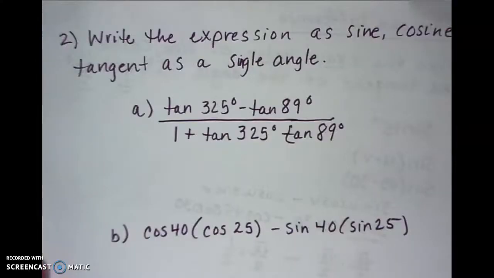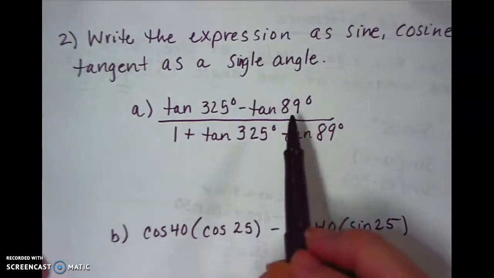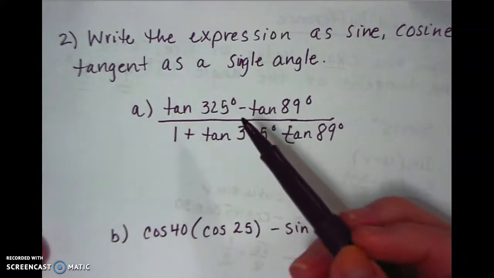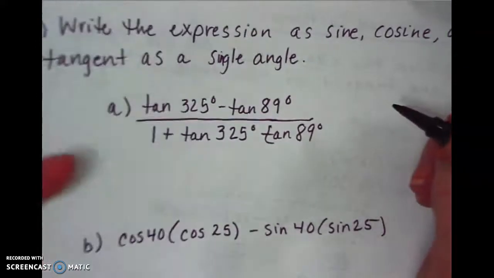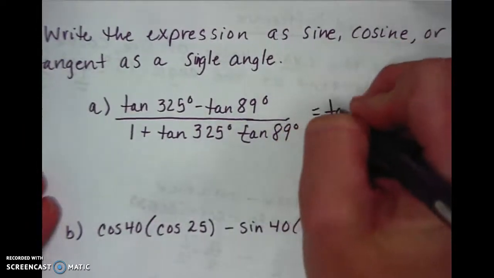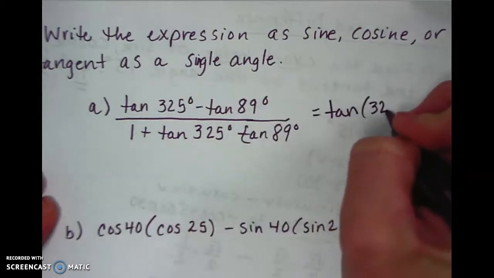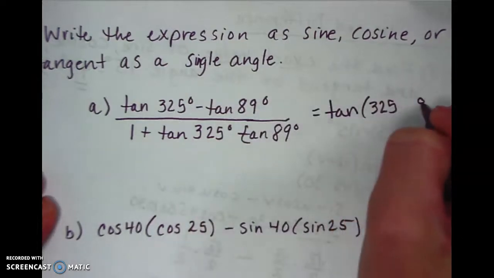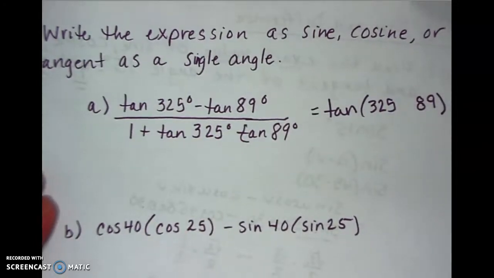The next part of this lesson is moving backwards. So we're looking at what this is written as. Well, obviously this is the tangent formula because we see the word tangent. Obviously, u and v are also easy to find. So we know this is tangent, we know that u is going to be 325 degrees, and we know that v is going to be 89 degrees. The hardest part is just figuring out, are we adding or subtracting?